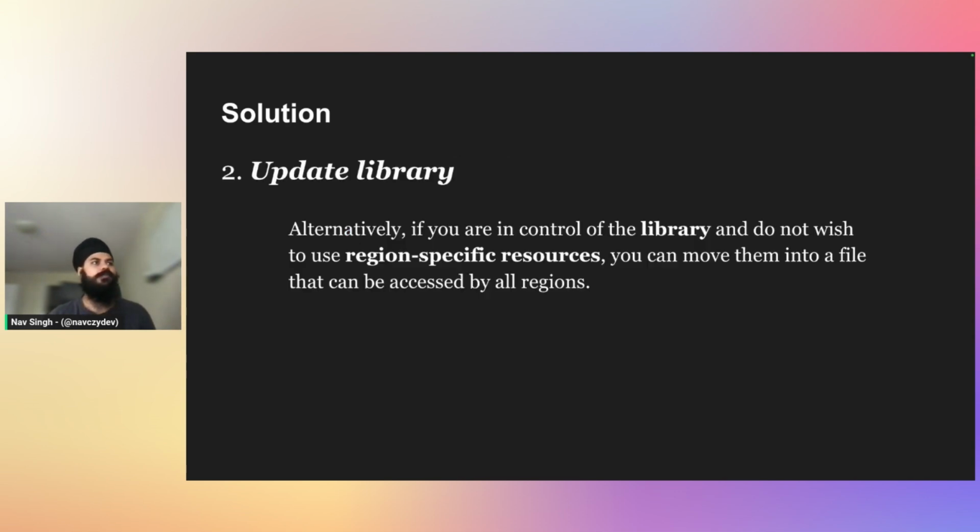And the second option is to update the library. As I mentioned earlier, in our case the library is an in-house product. We developed the library for common UI stuff.